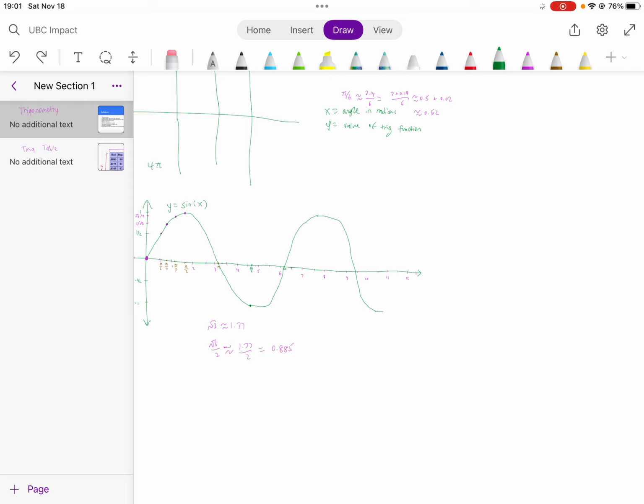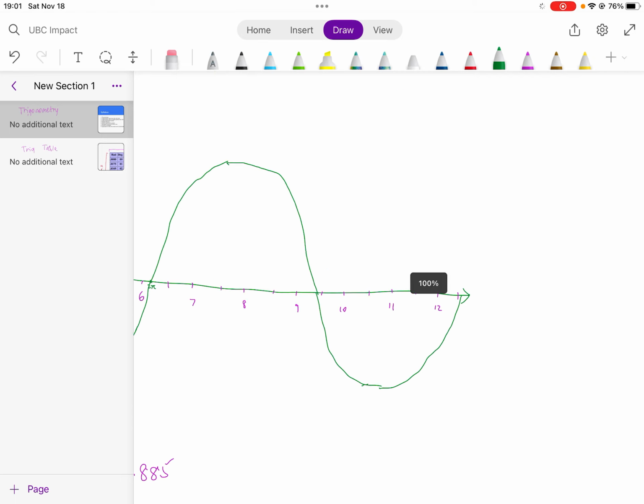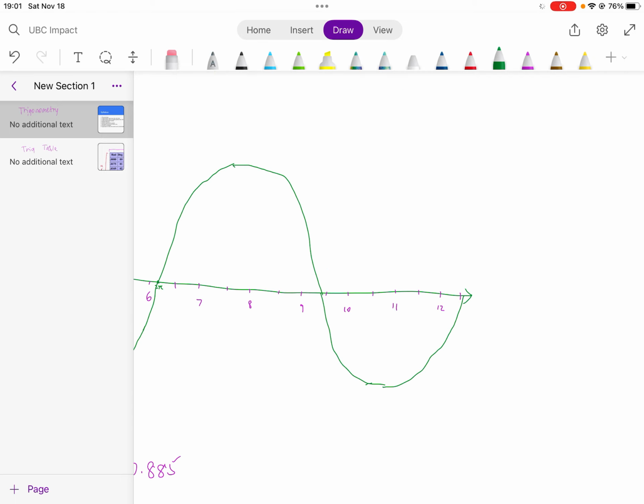and then it comes back up just after, because this will be 4 pi, and 4 pi is approximately equal to 4 times 3.14. You know that 3.14 times 4 is 12.56, so it's just a little bit more than 12.5. So it'll be this point right here.